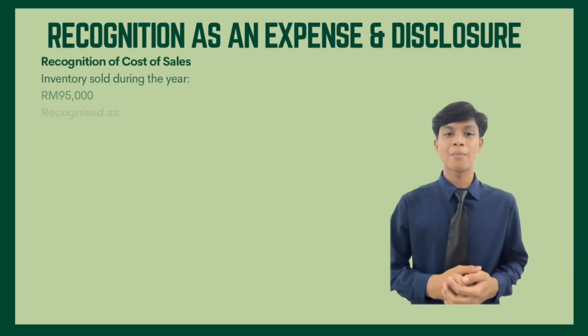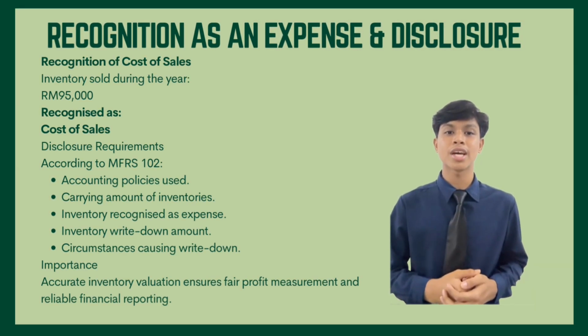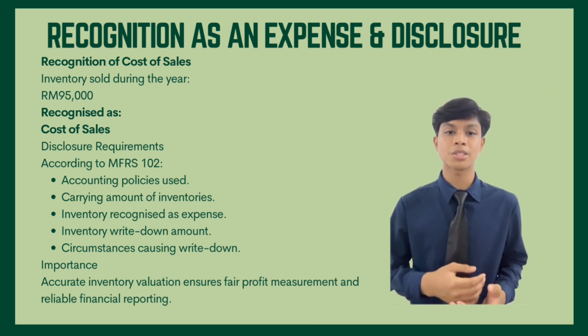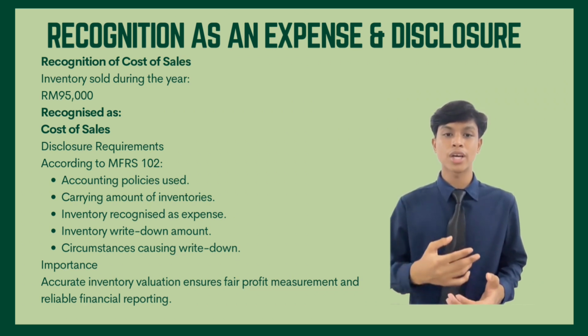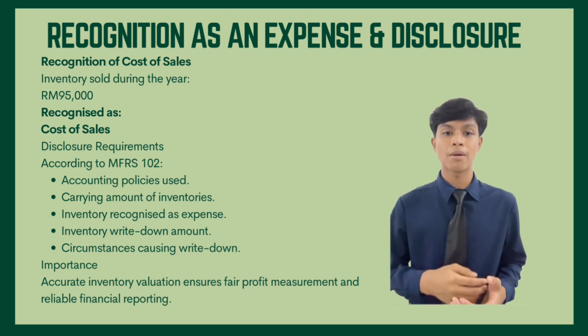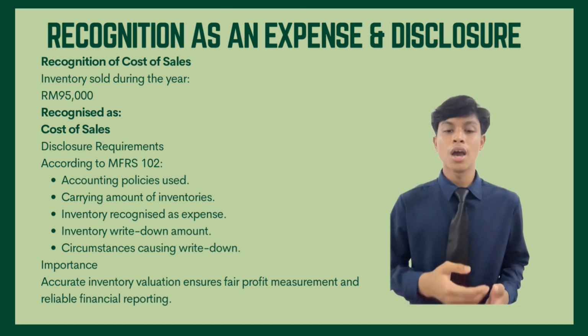Thank you, Syahmi. Okay, now it's my turn to explain recognition of inventories as an expense and disclosure. Under MFRS 102, inventories are recognized as an expense when they are sold. This expense is commonly referred to as cost of sales or cost of goods sold. Based on the scenario, inventories costing 95,000 ringgit were sold during the year.